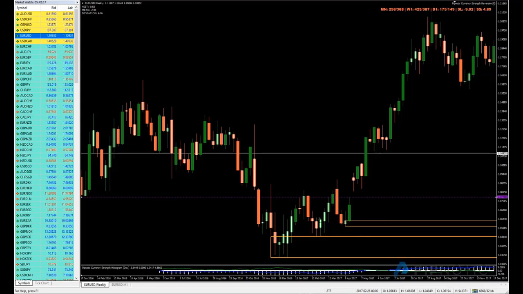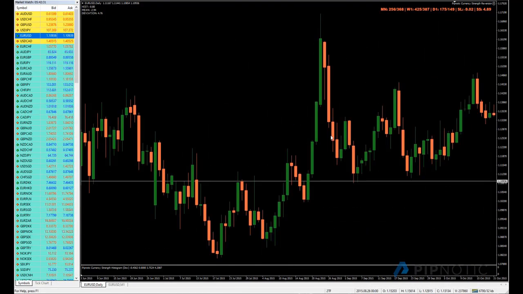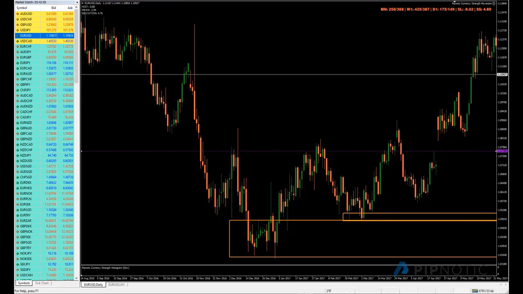The close of this candle was above the range of that, and so we'd probably do something like this. You could focus on the bottom here, we have something towards the bottom. Or if you go to a smaller time frame, you'll probably see something that looks a little bit clearer. Here we are, where we have similar things going on.